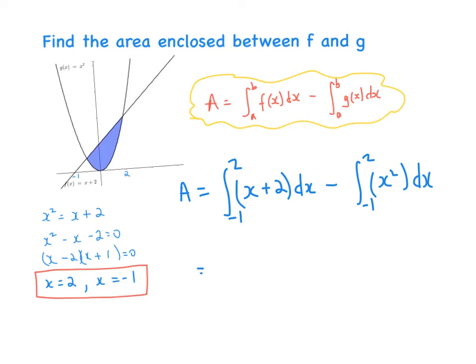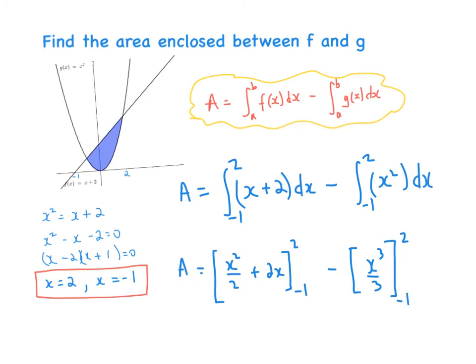So here we have A is equal to x squared over 2 plus 2x between 2 and minus 1, minus the area here, that's going to be x cubed over 3, between also 2 and minus 1.